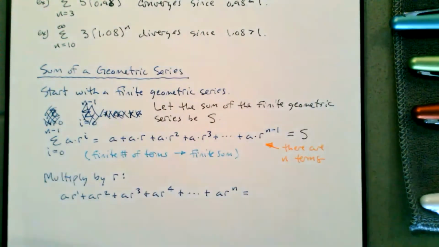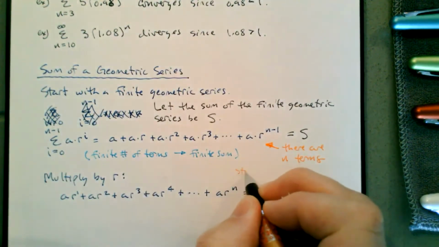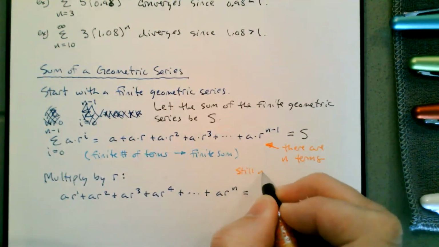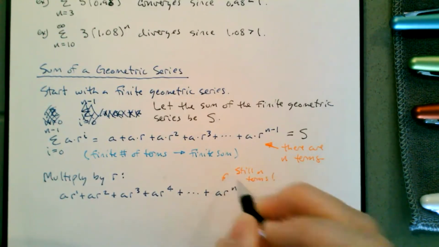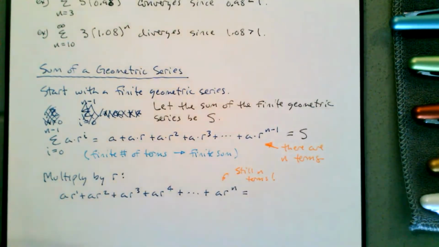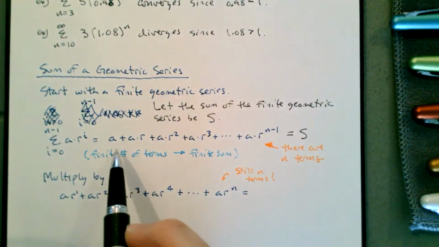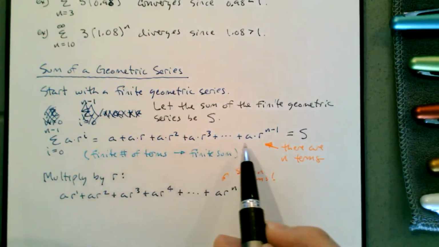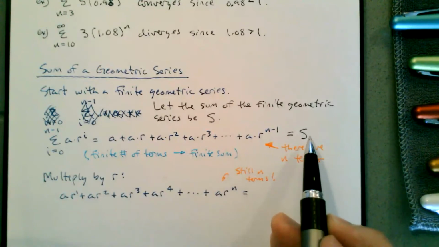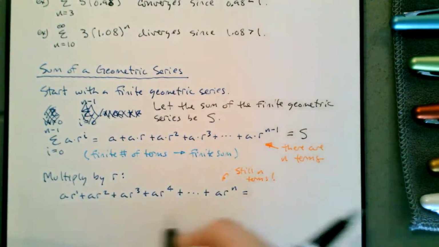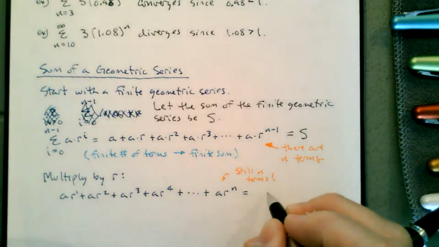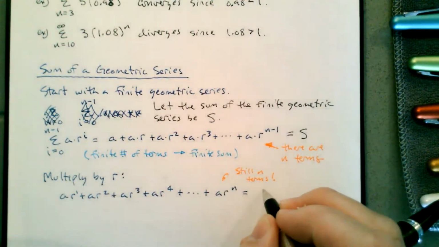But there are still n terms. So since this is all just some finite sum, if I multiply this side of the equation by r, I will multiply this side of the equation by r as well.